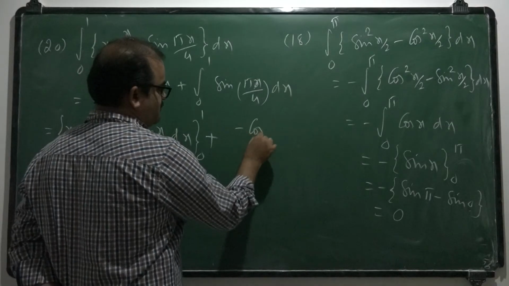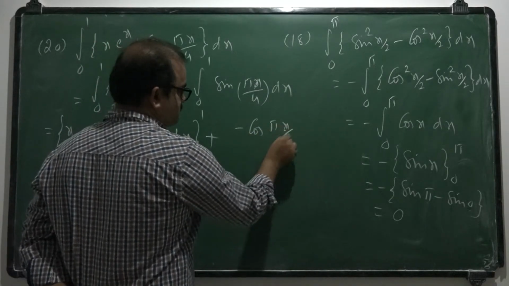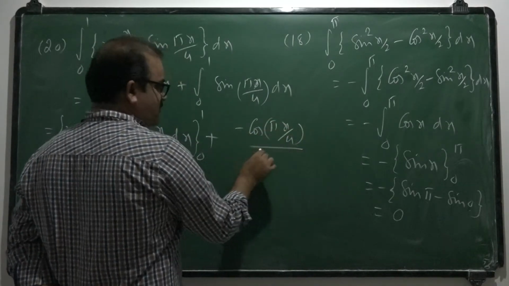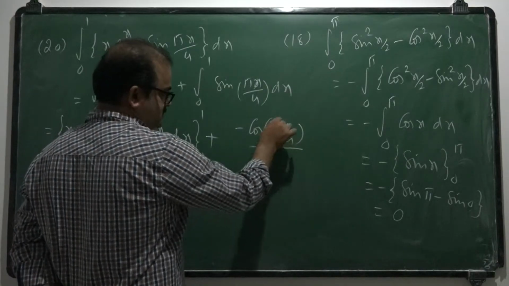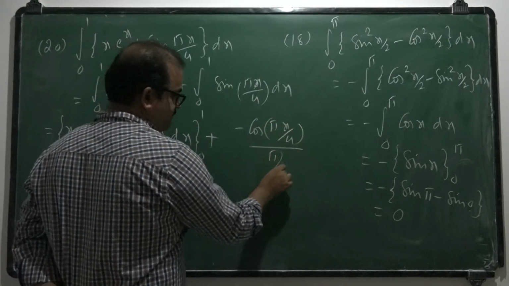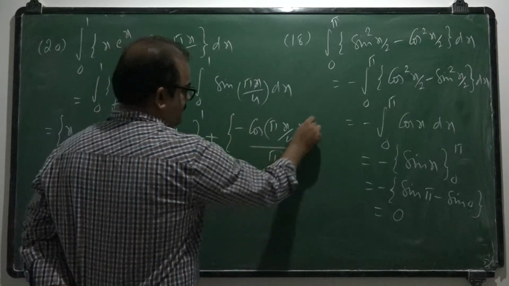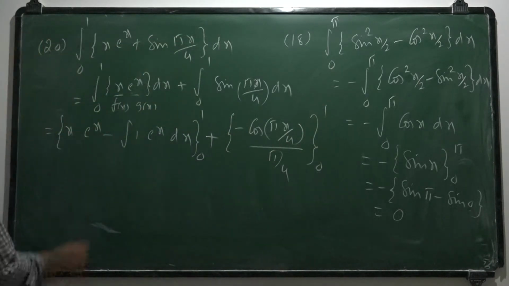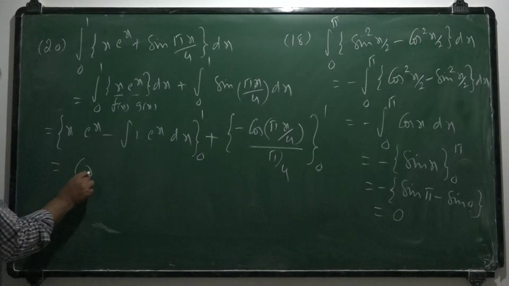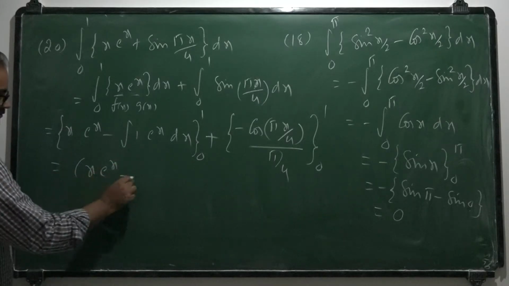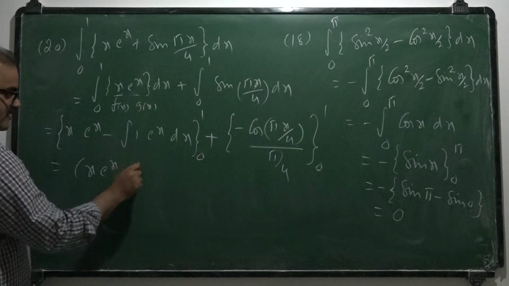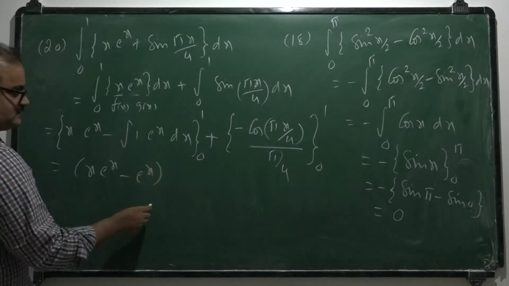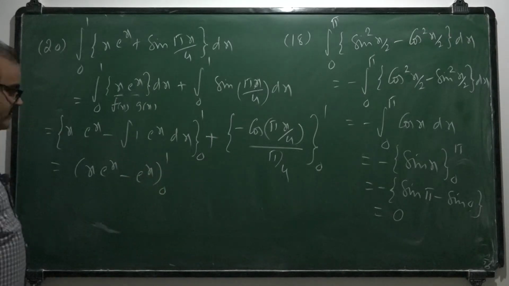So minus cos pi x by 4 by the derivative of pi x by 4, that is pi by 4, between the limits 0 to 1. Here it is x into e power x minus integral e power x, that is e power x, between the limits 0 to 1.